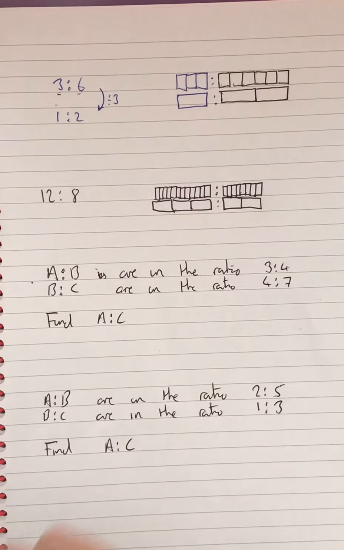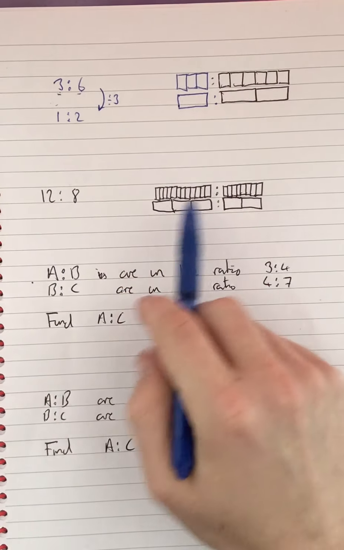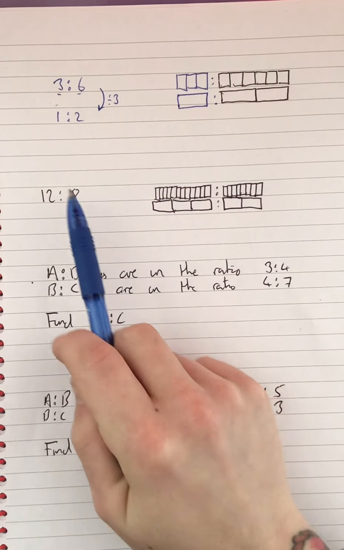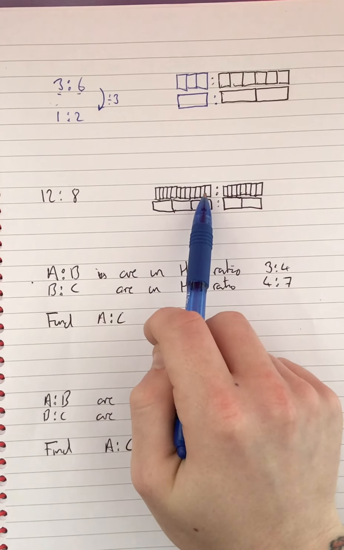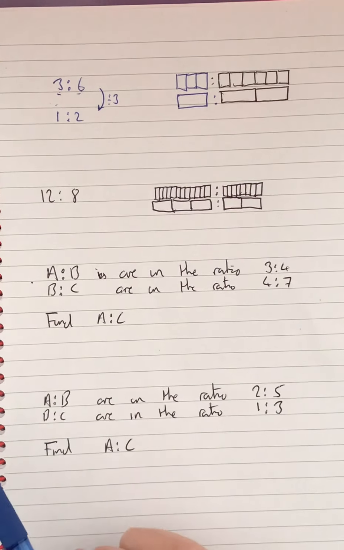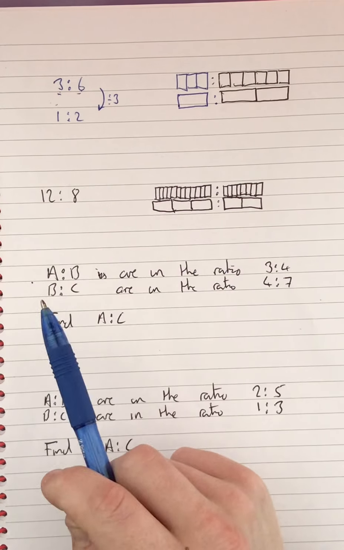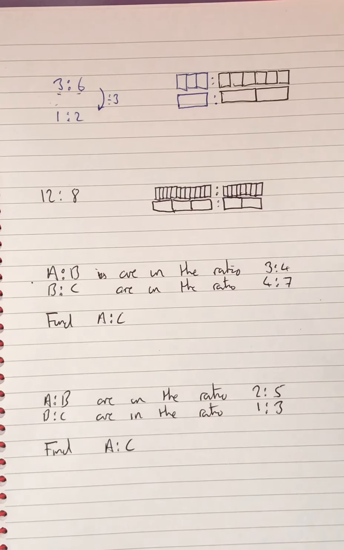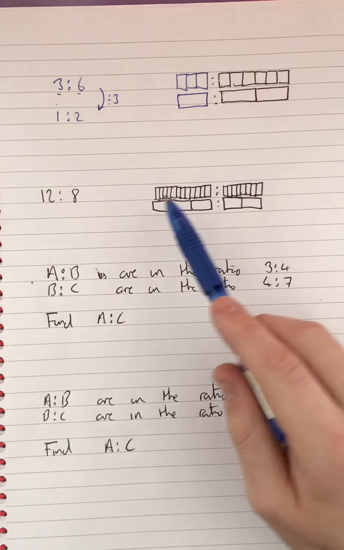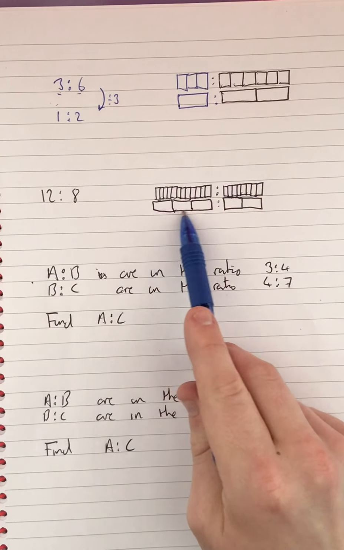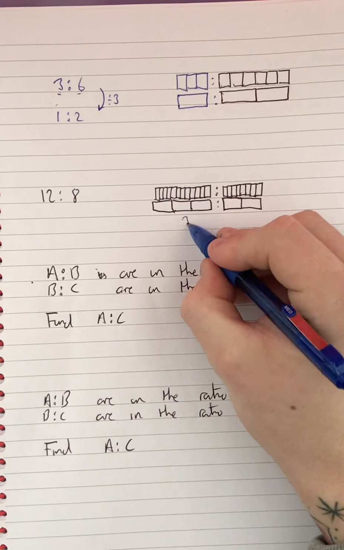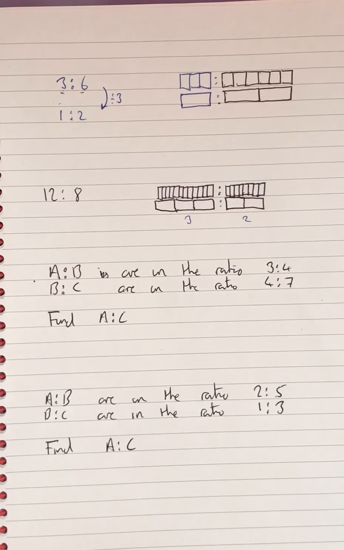Okay, now we look at 12 to 8. This time this diagram's a little bit more messy, but you've got 12 equal sized parts and 8 equal sized parts. Now 12 and 8 are both multiples of 4, which means that we can group up these 4s as well, which I've done here, and you could have 3 groups of 4 to 2 groups of 4.